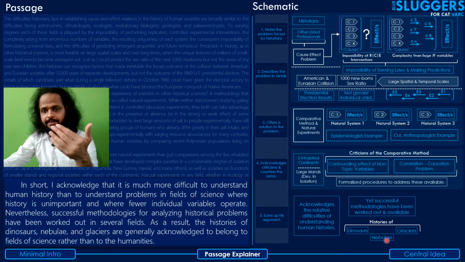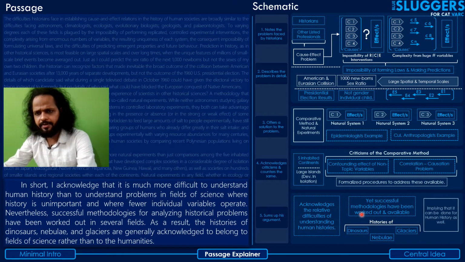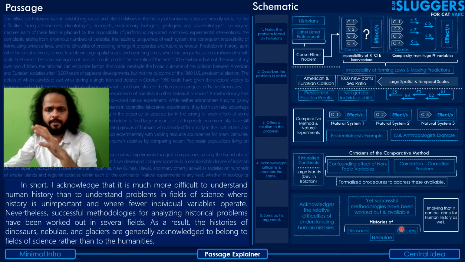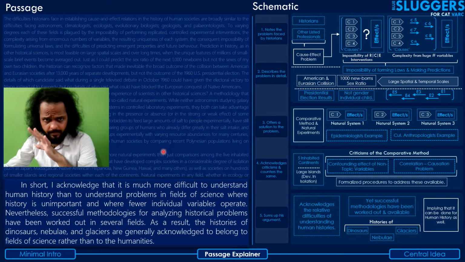But they are considered science, and that demonstrates the strength of these formalized procedures in addressing the problems of comparative criticism. So what he's trying to imply towards the end is that if it has been done for these fields of history, it can also be done for human history. So that's the last paragraph.